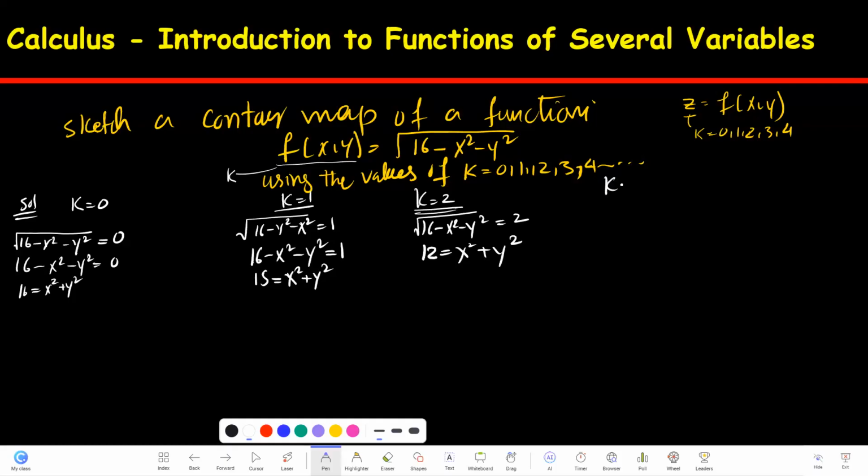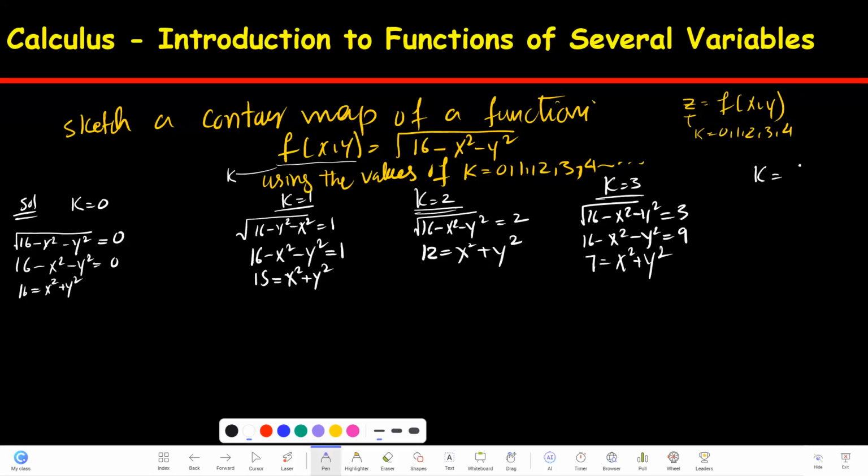K equals 3 is going to be 16 minus x squared minus y squared equals 3, and when you rearrange the equation, it's going to be 7 equals x squared plus y squared.